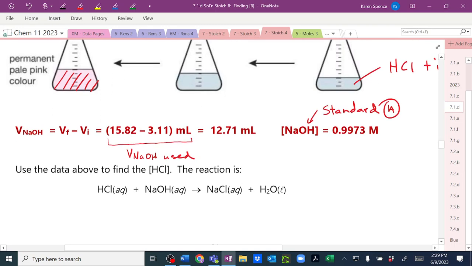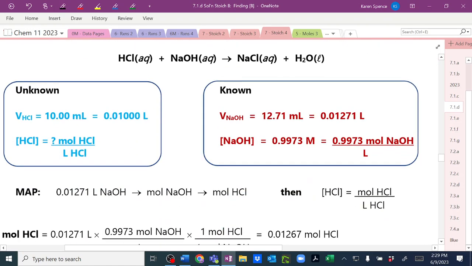All right, and now we're going to take all that information that we had on the previous page. We know that we had 10 mils of the HCl because we used our pipette. We know we had 12.71 mils of the NaOH because we calculated that final volume minus initial volume.